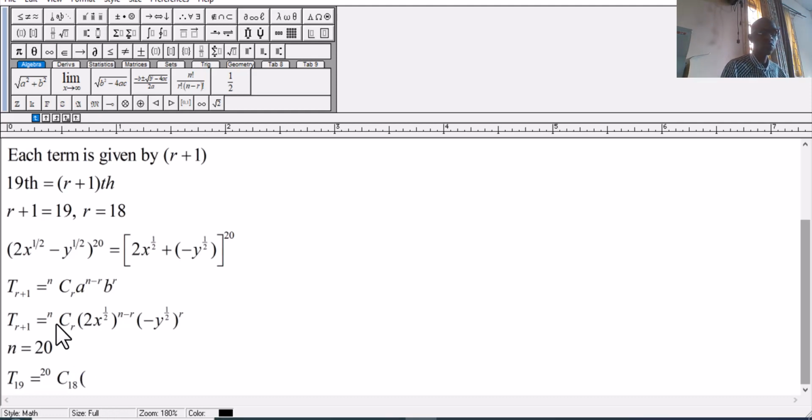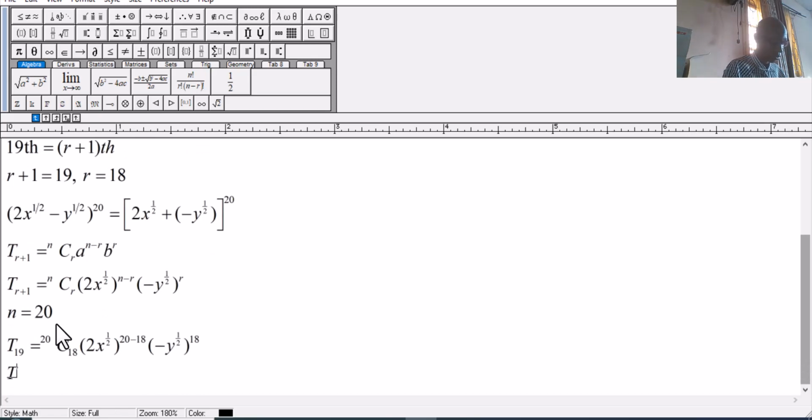So we have (2x^(1/2)) raised to the power of 20 minus 18, times (-y^(1/2)) raised to the power of 18. So just follow along as we solve this.